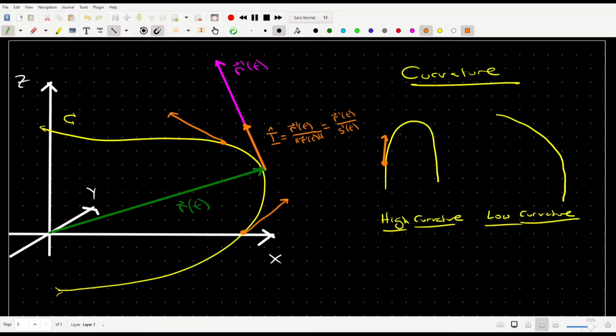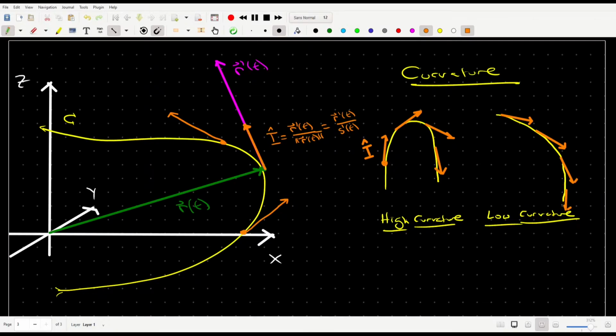So if you think of how the tangent vector, the unit tangent vector T hat, is acting on this curve right here, T hat goes like this, and then changes to this, then changes to this, and then changes to this right here. Whereas on this curve, as we traverse the curve, it goes from this to this, to this, to this.